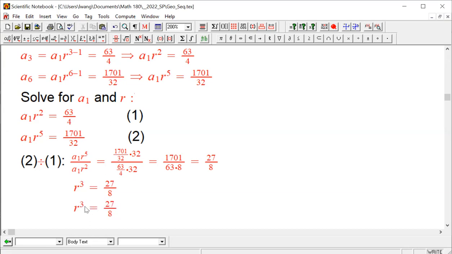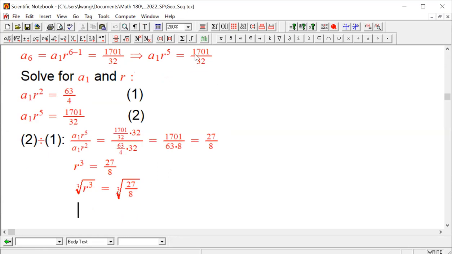Okay, we're going to take a cubic root, the third root, of the right-hand side and left-hand side. The left-hand side is r, and the right-hand side is going to be 3 over 2. So that's our r.